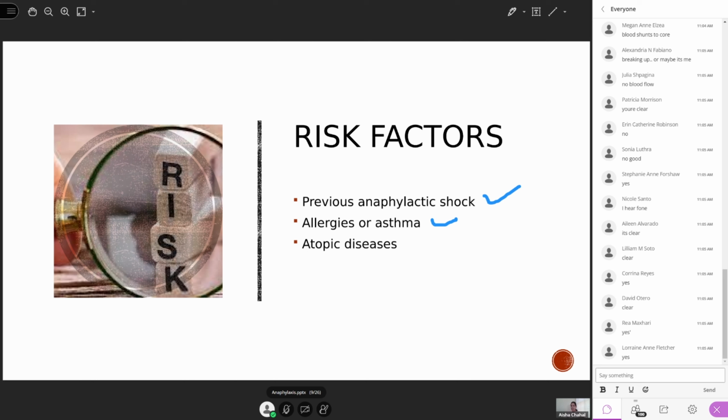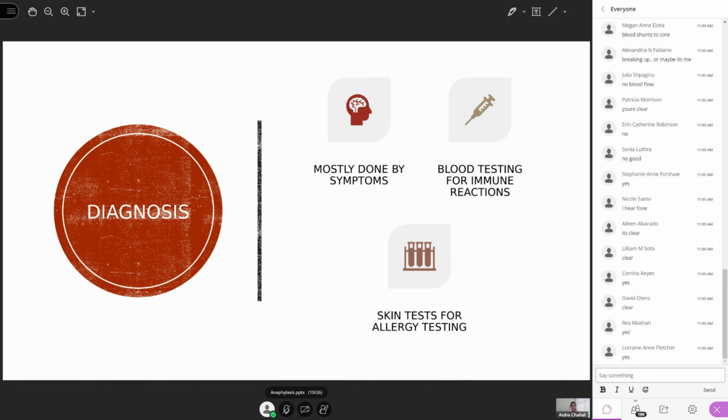Atopic diseases are diseases and disorders that occur because of your genetic predisposition to allergies. Genetically, your parents have that, your siblings, your grandparents have that. You are more genetically predisposed to allergies or to anaphylaxis. So just 3 risk factors really.